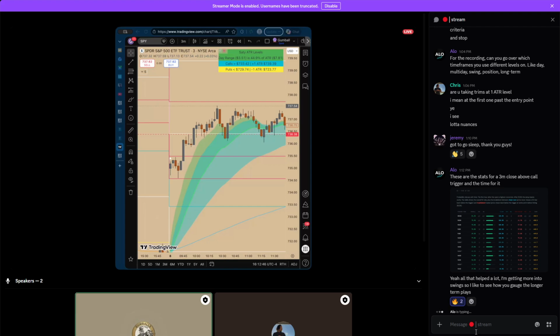Yeah, definitely, if you're looking for monthly swings, use the monthly ATRs. Anything outside of that, you can scale up into position mode or long term. It honestly just depends on how long you're willing to wait on these plays to actually play out, and it's all dependent on what you see.